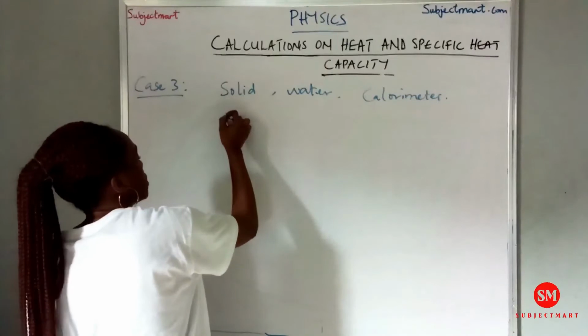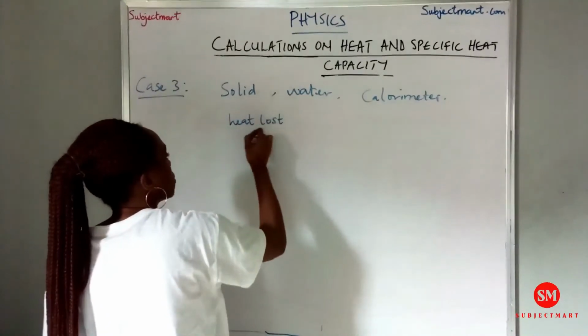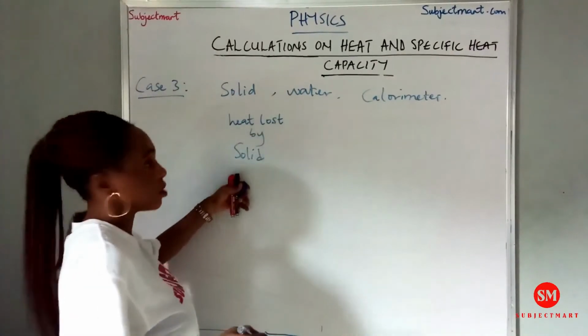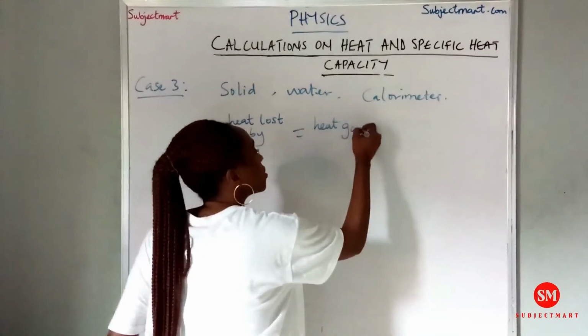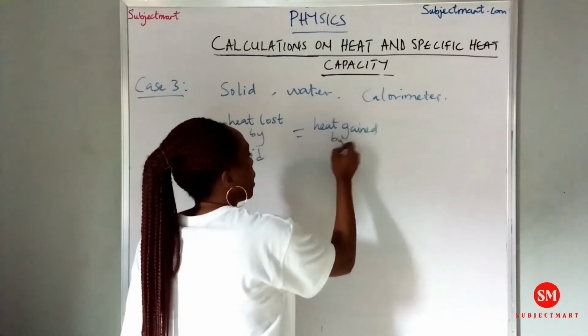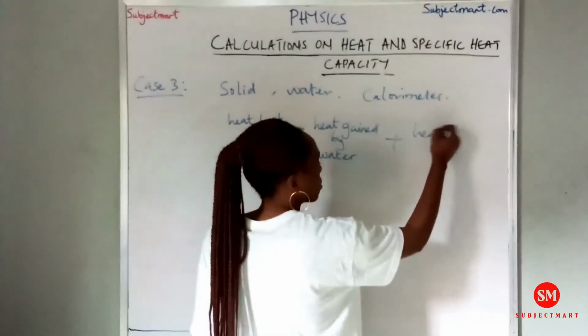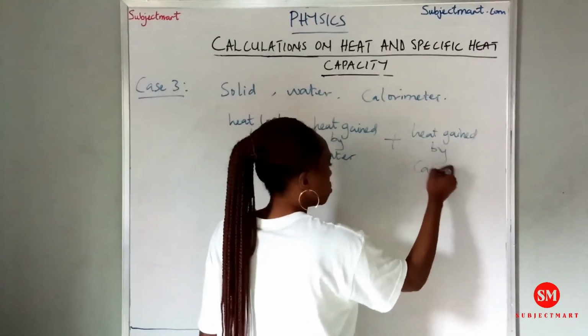And for case 3, the heat lost by the solid, this is the formula for case 3, is equal to the heat gained by water plus the heat gained by calorimeter.